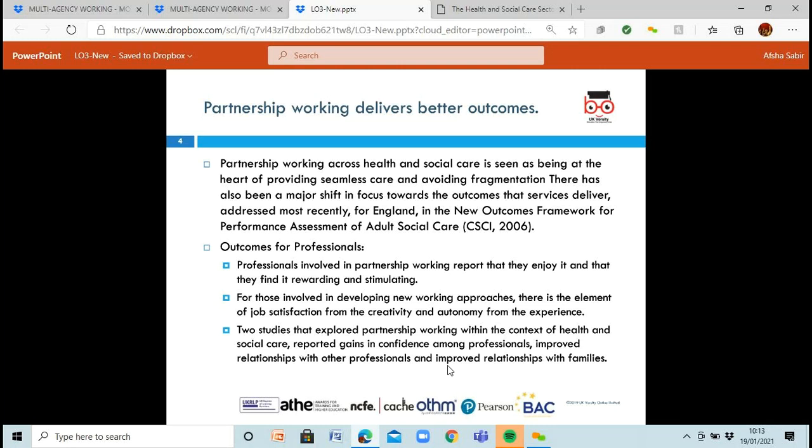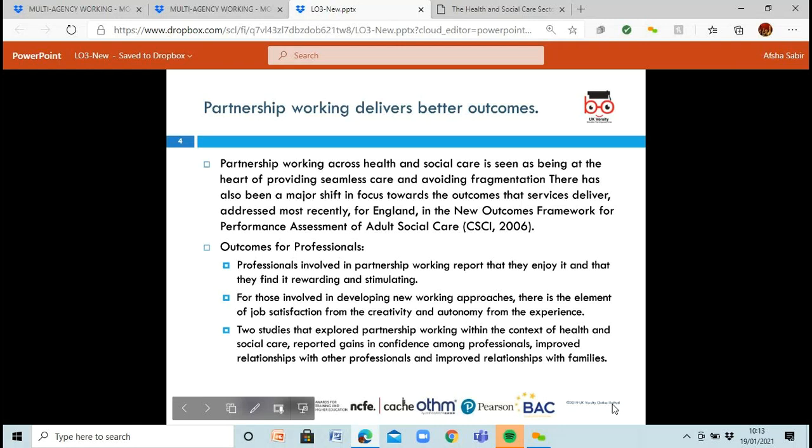There's actually been a major shift towards the outcomes of the service, and this was addressed in the new outcomes framework for performance assessment of adult social care. Now, it came about with these 3 points. So, outcomes for professionals. Professionals involved in partnership working report that they enjoy it and they find it rewarding and stimulating.